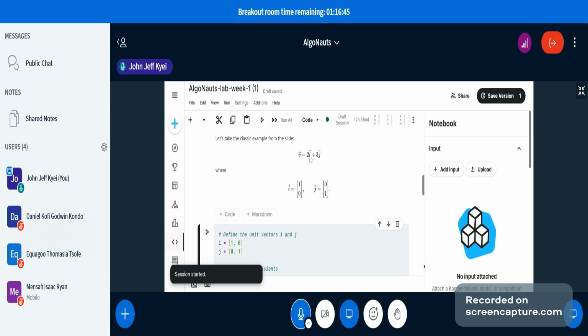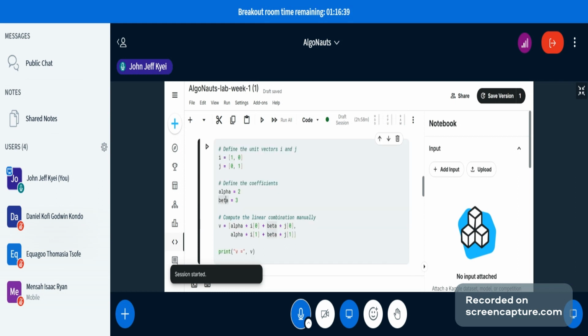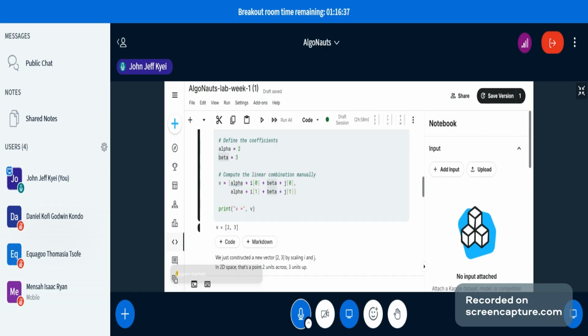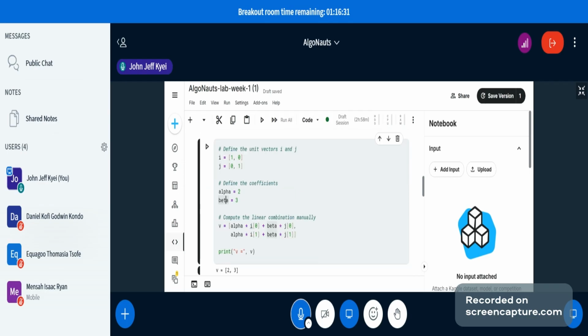So the scalar or the constant here is going to multiply all the elements in the vector. Doing it manually, what we are trying to do is say, hey, I want you to multiply alpha, which is 2, by the first element in i, plus beta, which is 3, times the first element in j.